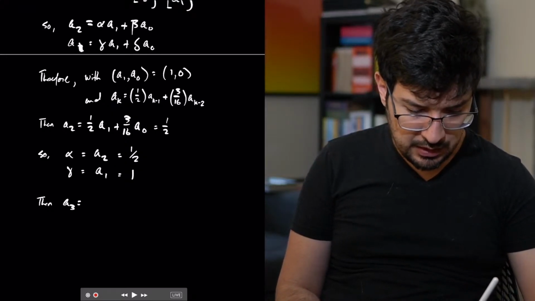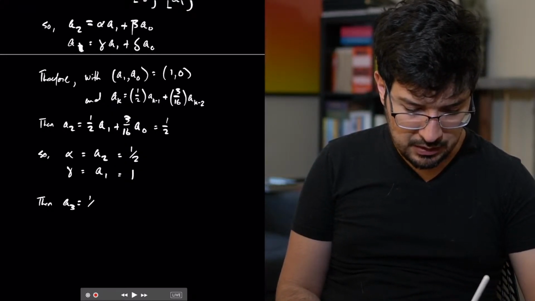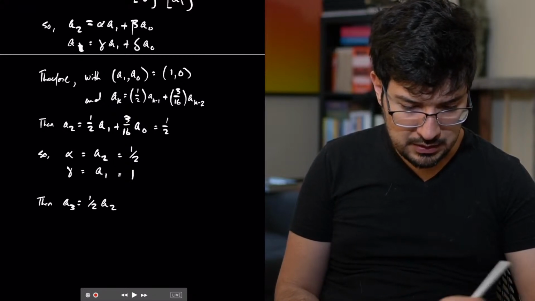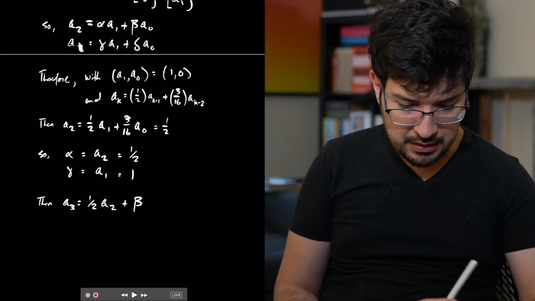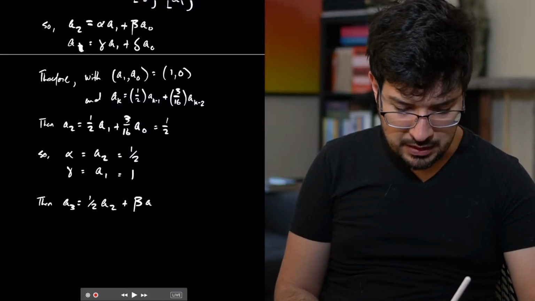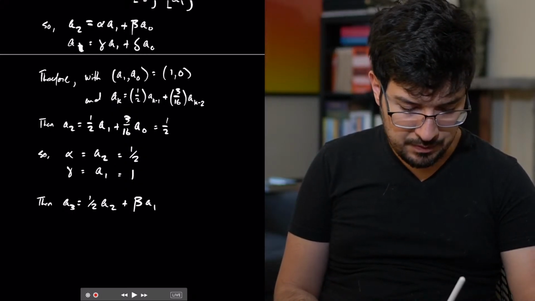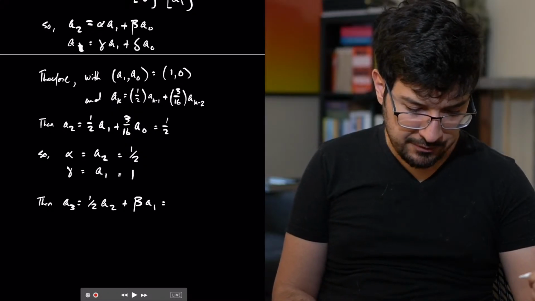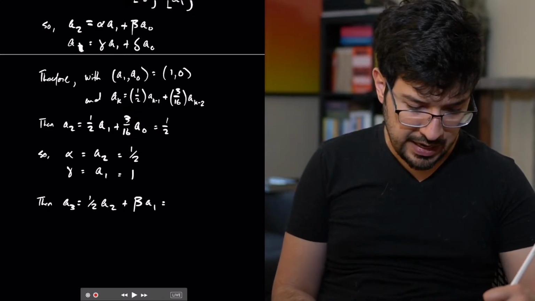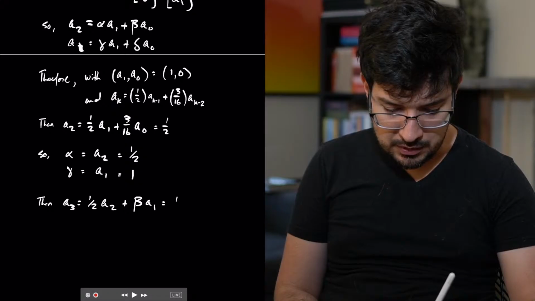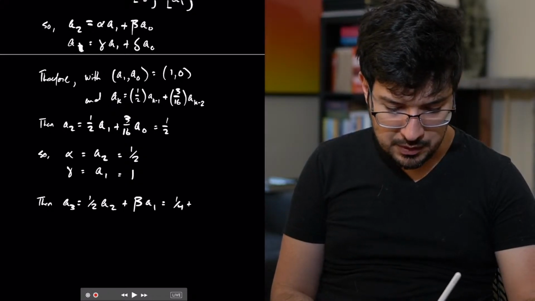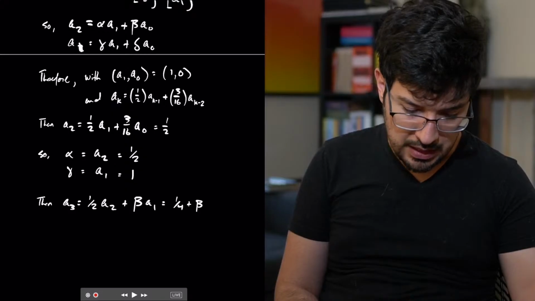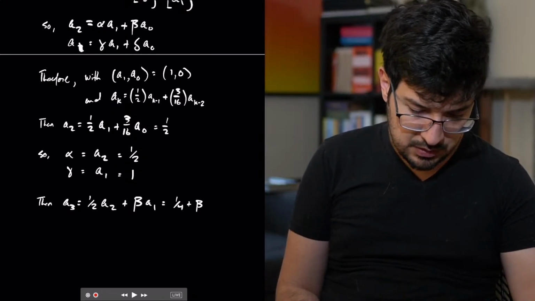A3 is alpha times A2 plus beta times A1. We know what A2 is. A2 is 1/2, and alpha is 1/2. So this is 1/4 plus beta times A1, which is 1.